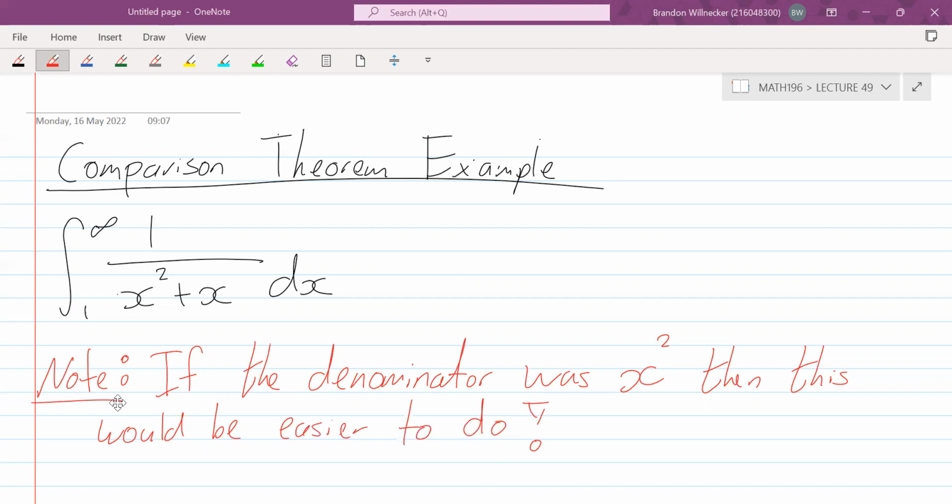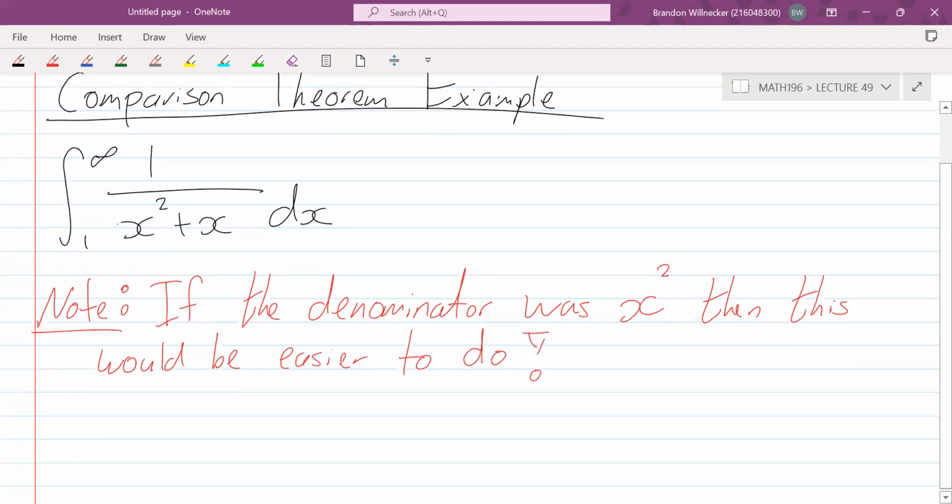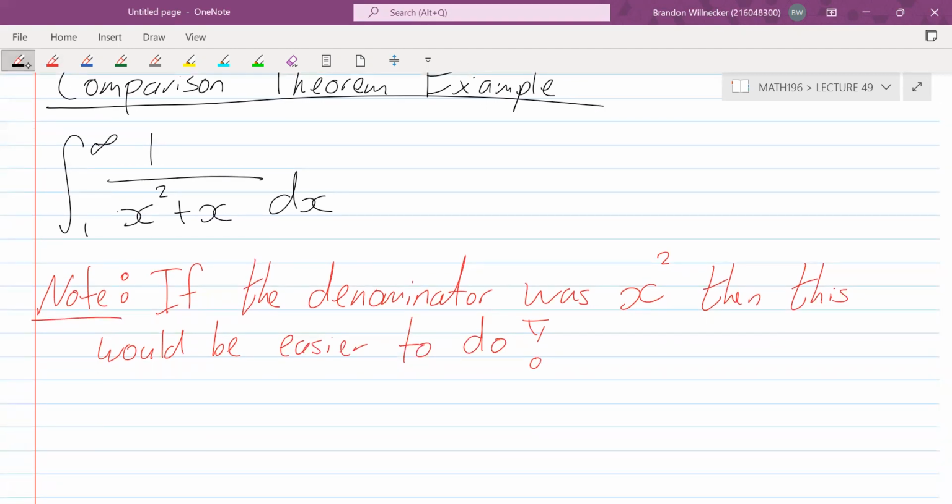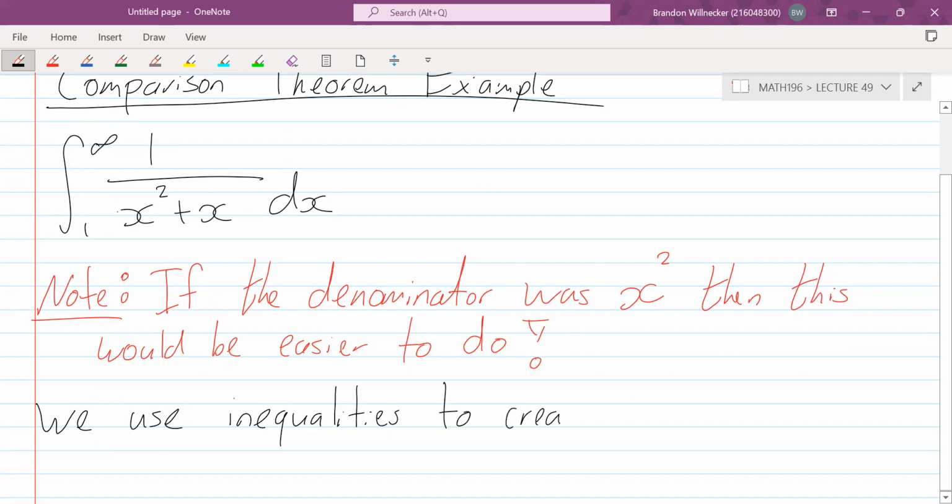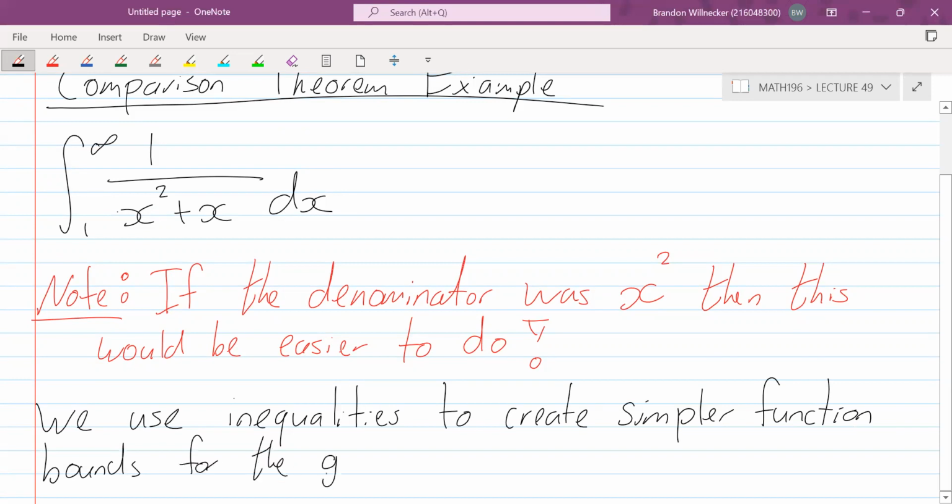And the way we do that is we use inequalities to create simpler function bounds for the given function.